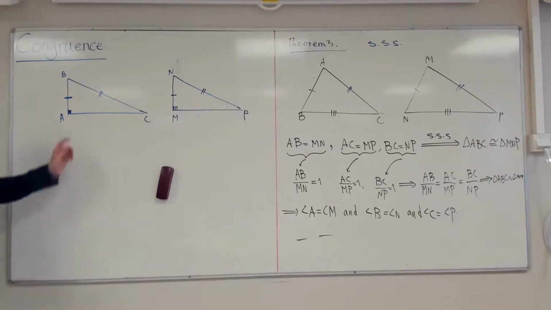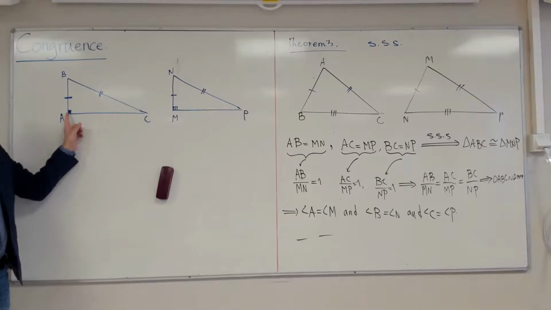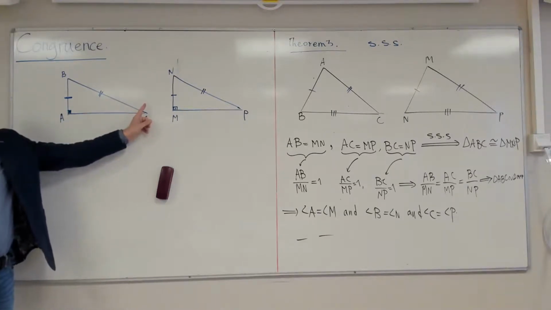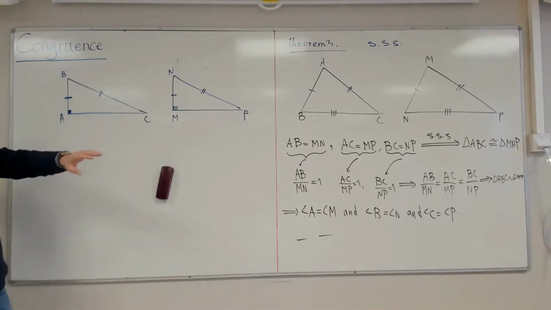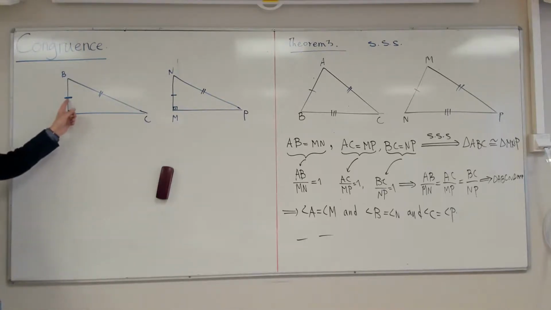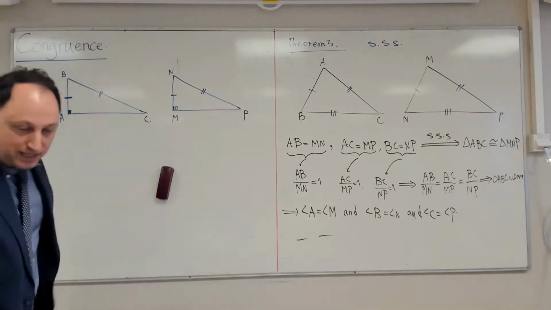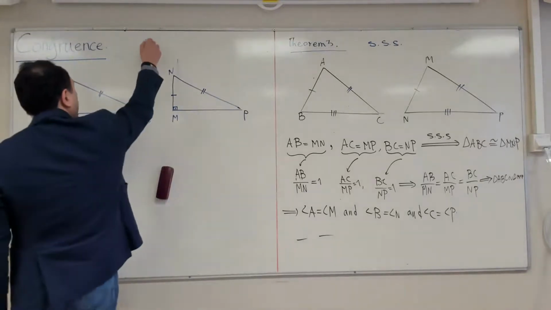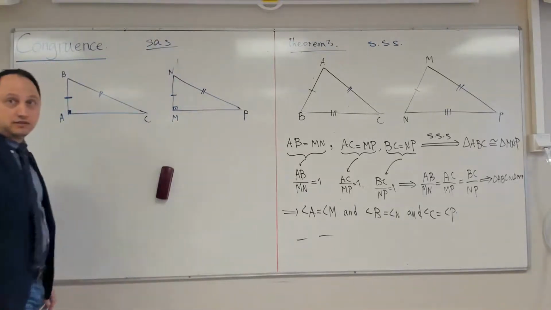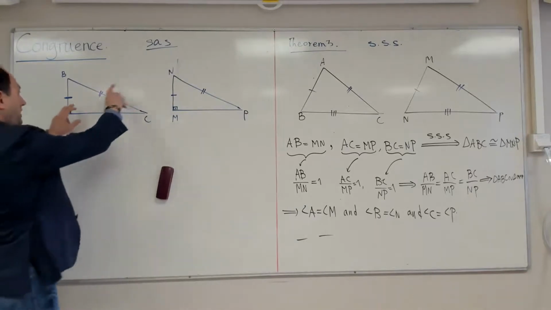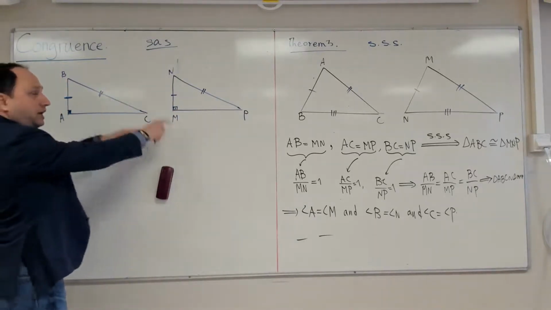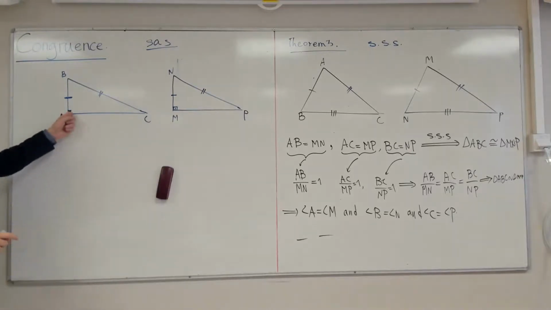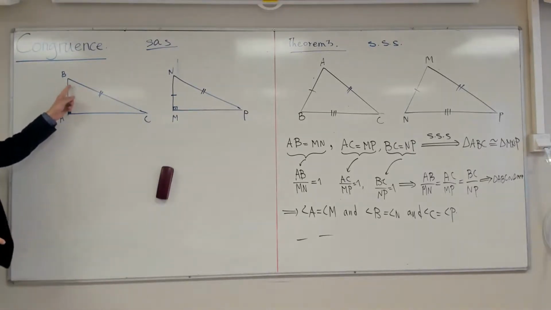I will come to you. Even though I have 1 angle of this equal to 1 angle of that, and 2 sides of this equal to 2 sides of that, don't be in a hurry. If you just conclude this is side, angle, side, this is wrong. Because even though I have 2 sides from this, 2 sides from that, 1 angle from this, 1 angle from that, this angle is not the angle between them.